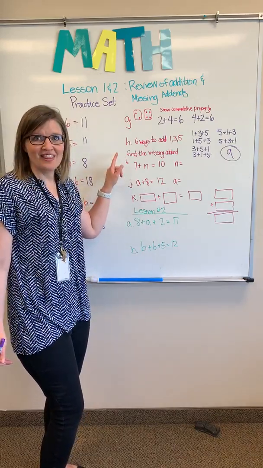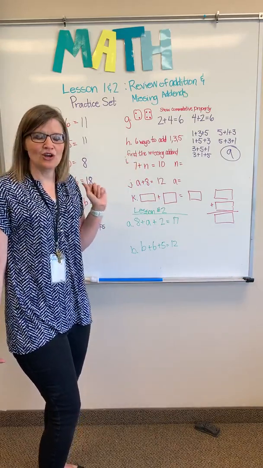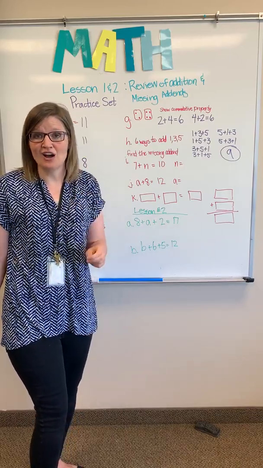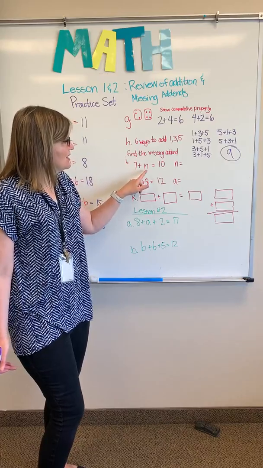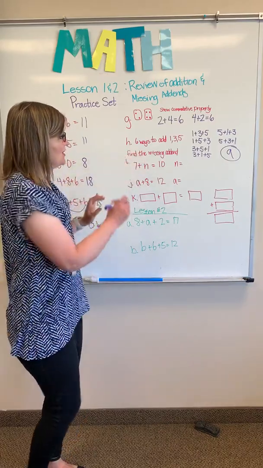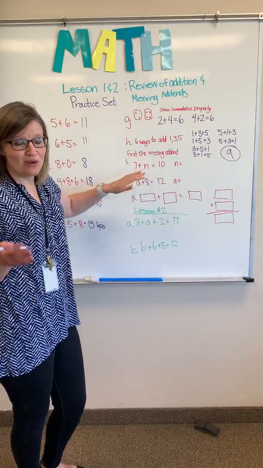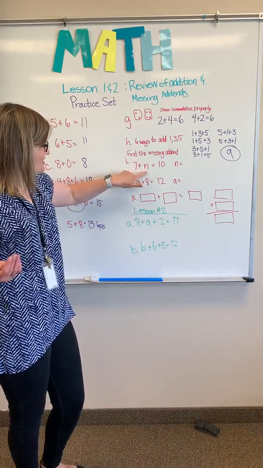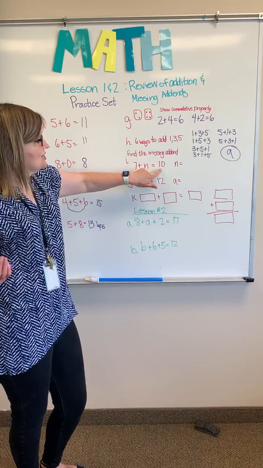Now, I love this part. I feel like finding the missing add-ins are kind of like little mysteries or little puzzles for us to solve. And here we have a mystery. 7 plus n, which they've given a letter, but it has a value, and we just need to find out what this missing number is. So we know that 7 plus this missing number equals 10.